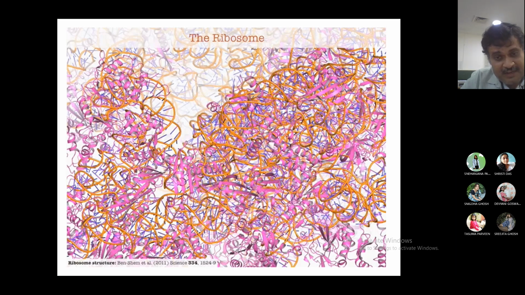Those structures were solved, and when I was a student around 2003 onwards, ribosome structures were also getting solved. Ribosome is a very big macromolecular complex, but with the help of very high power X-rays available at synchrotrons, the three-dimensional structure of ribosomes was also solved.